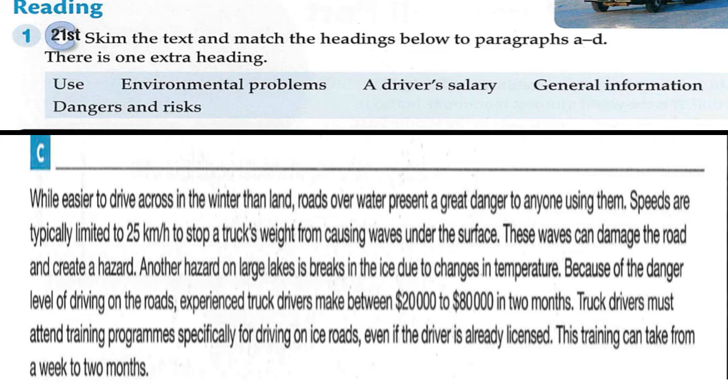You know, the surface is ice, snow. This is very weak sometimes. So it can make cracks and destroy. So this is very dangerous. These waves can damage the road and create a hazard.